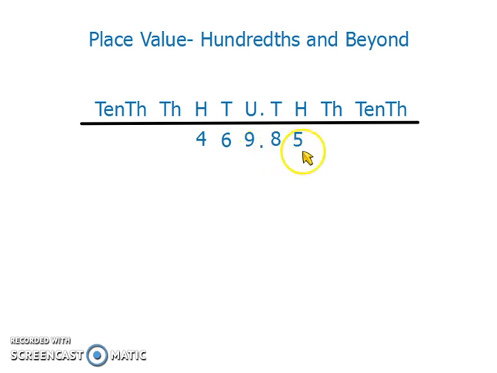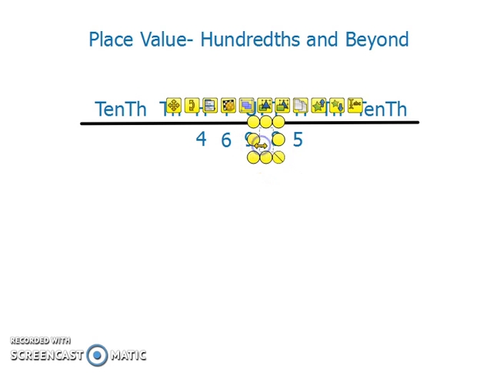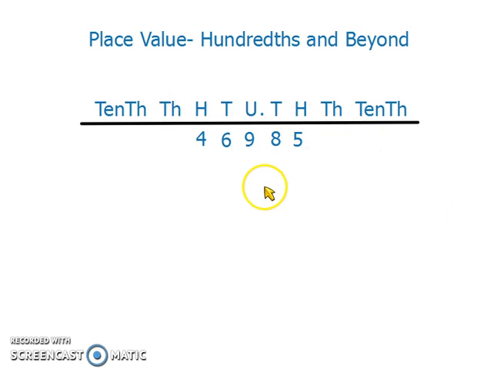We don't say full stop 85, we say 0.85, and there are 85 hundredths in here, out of a maximum of 100. If there was 100 in here, it would increase this number by 1. Now, I'll show you why it's important to have this decimal point in the right spot. Because if you took it away, the number becomes 46,985.